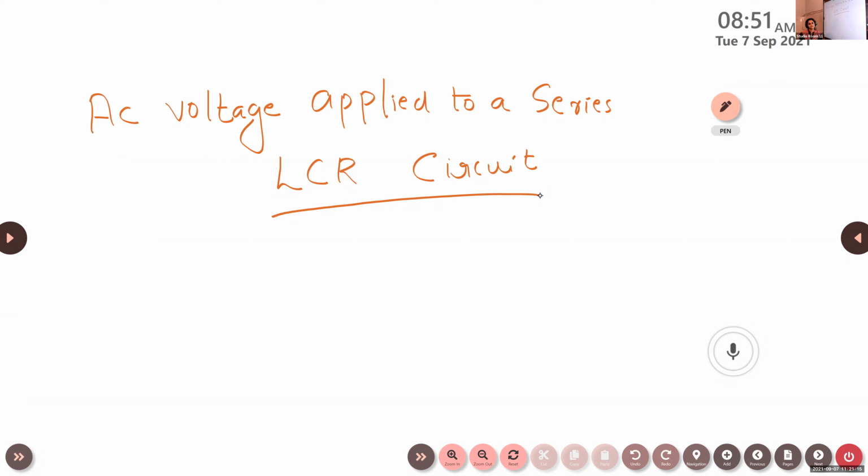What does L represent? Inductor. What about C? Capacitor. Yes, L indicates inductor, C is for capacitor. And what about R? Resistor.